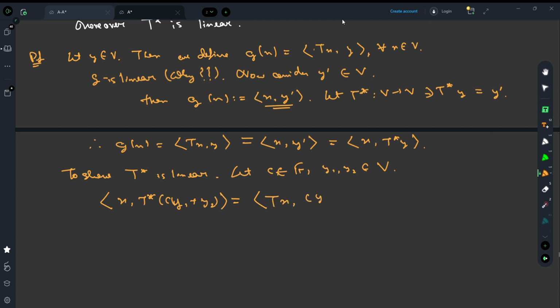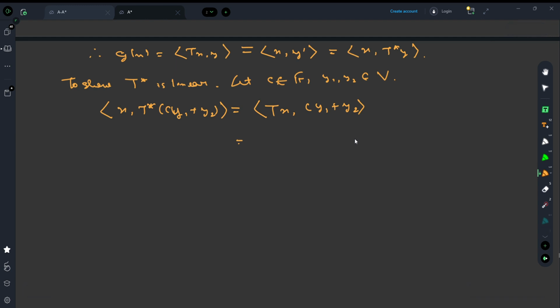Then what is the inner product of x with T star of c y1 plus y2? By the definition of how we constructed T star, it is the same as the inner product of T x with c y1 plus y2, right?